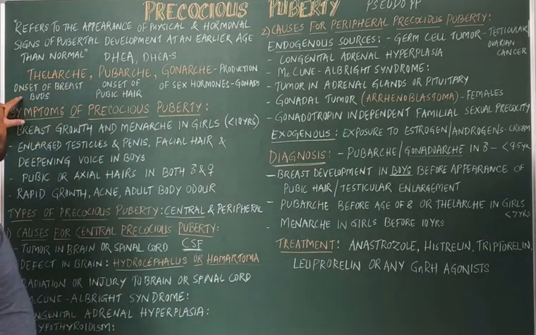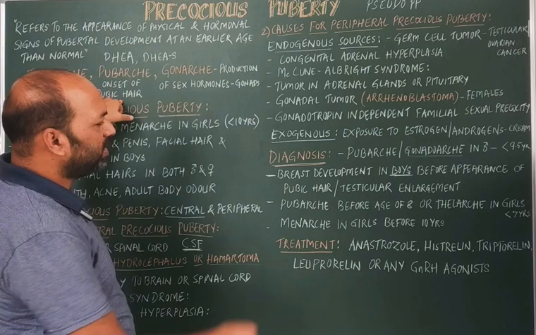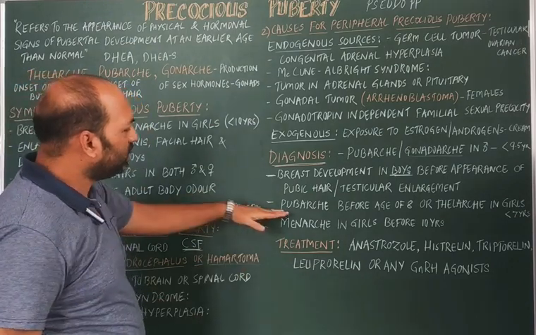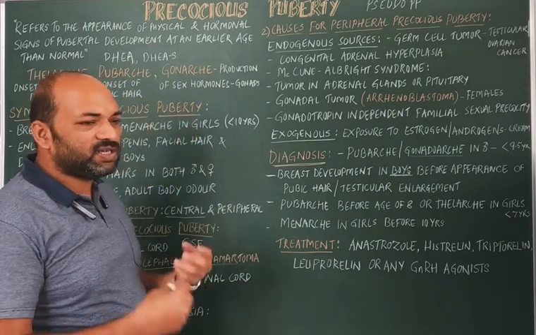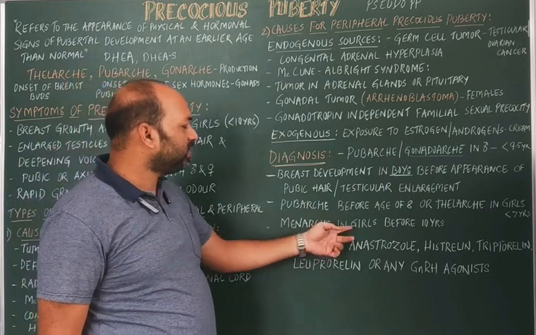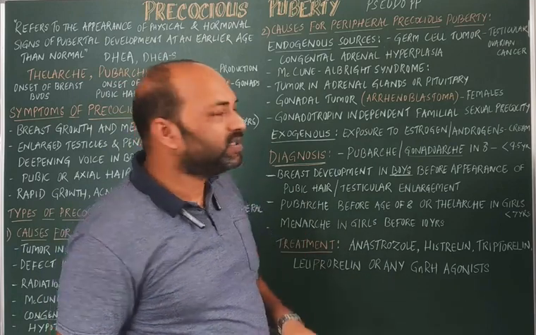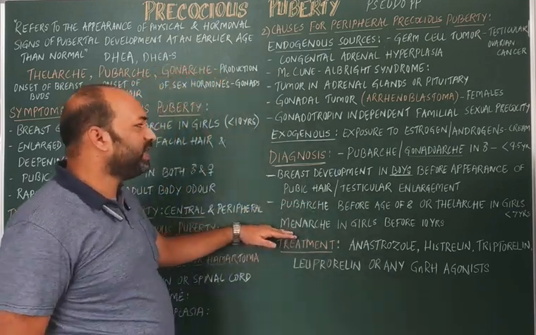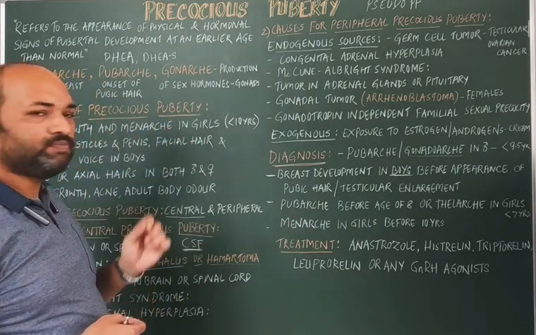So onset of breast buds before 7 years is one possible sign, and puberty in girls before the age of 8 is the third one. Next is the first menstrual cycle, which generally occurs at the age of 12 or 13. If menarche in girls occurs before the age of 10 years, that is again a sign that a girl child has precocious puberty.